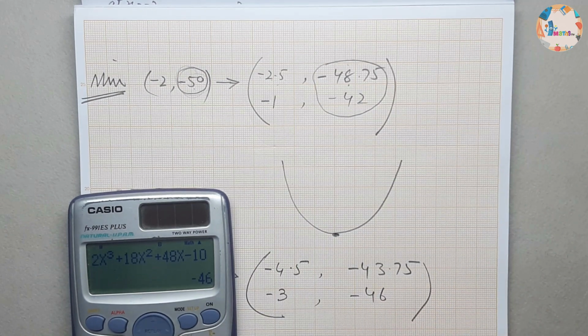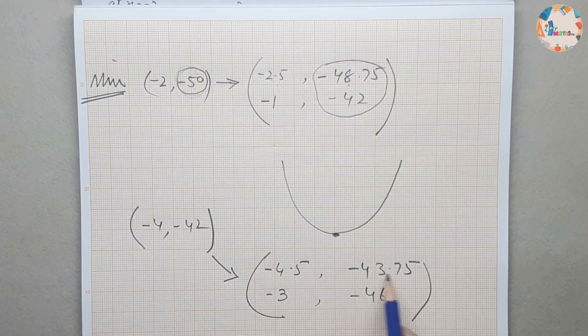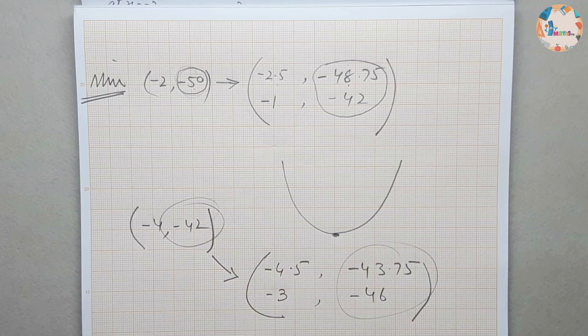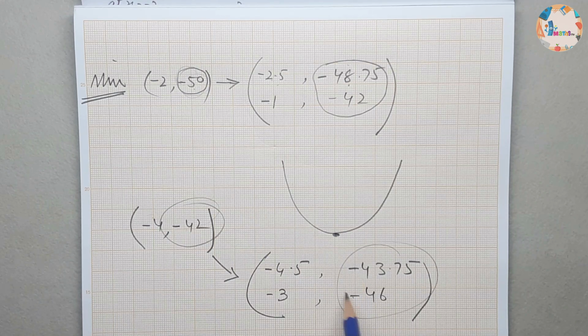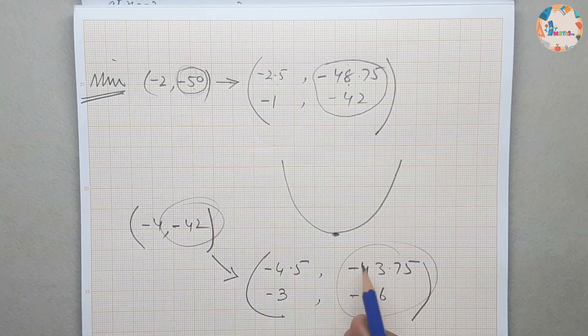So this is the point which we got, and these two values, if we compare with minus 42, this is the higher value because this is negative, so you will have to be careful. This is the higher value as compared to this.